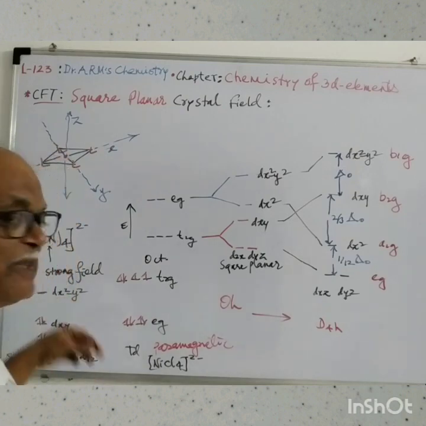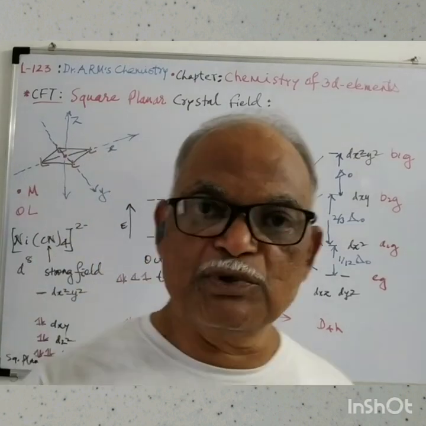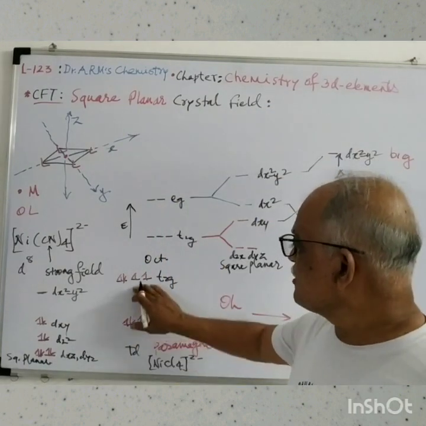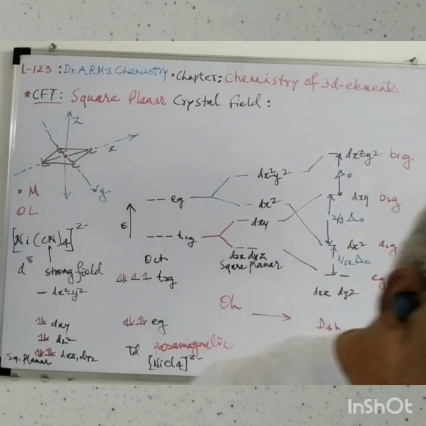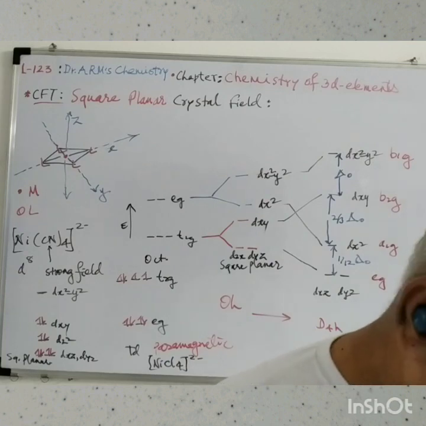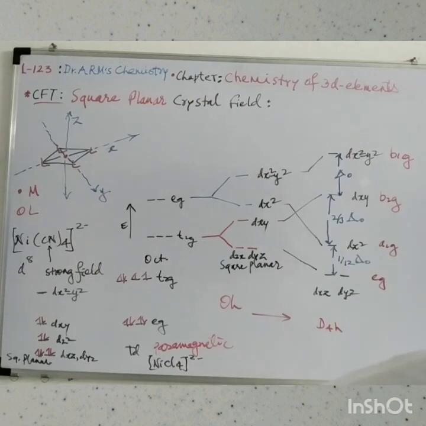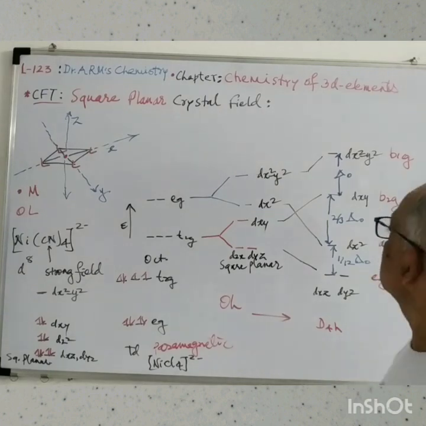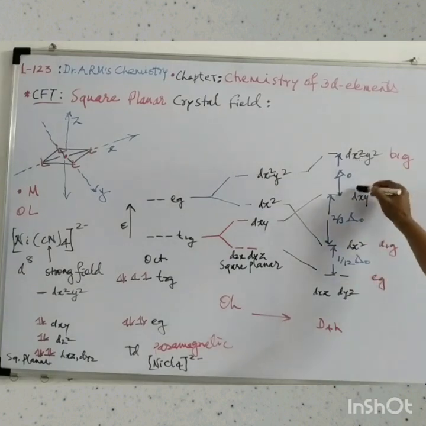The distribution of 8 electrons is based on the splitting of these orbitals. You will find that this energy difference is much larger.